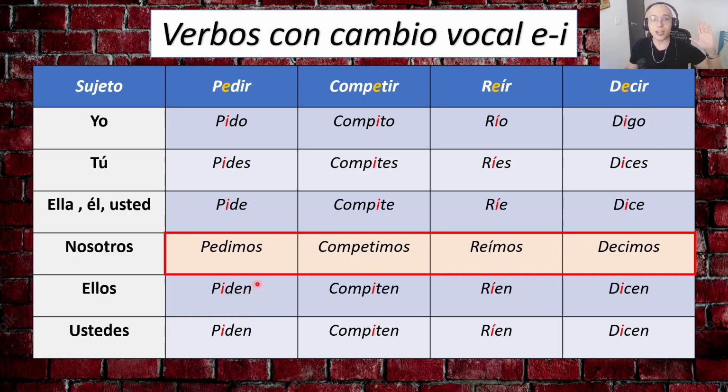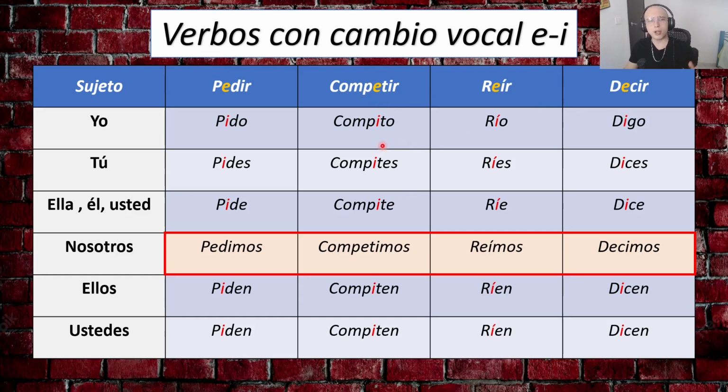Same as in the conjugations from the previous videos, we can see that nosotros is always the exception, so we stick to the root sound. So we say nosotros pedimos, we ask for. Otra vez, nosotros pedimos. The same will happen with all the following verbs.